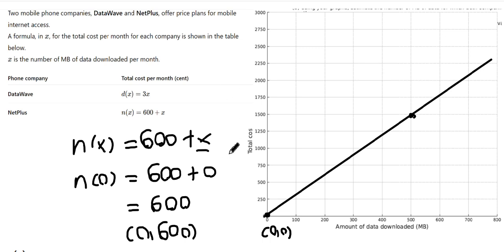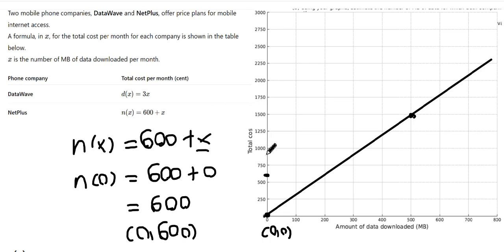The point (0, 600) is hard to draw because you don't really know where 600 is on the graph due to the scaling. So we might try to find something that's a bit easier to draw. Look along the axis here.